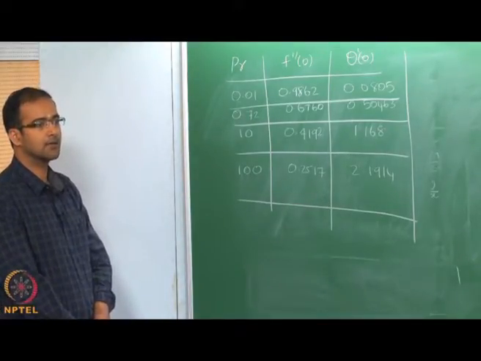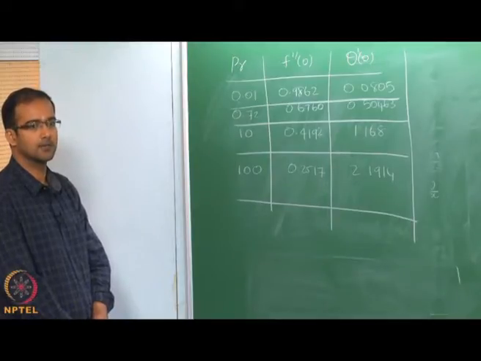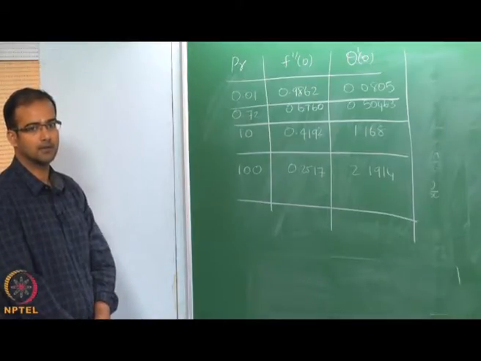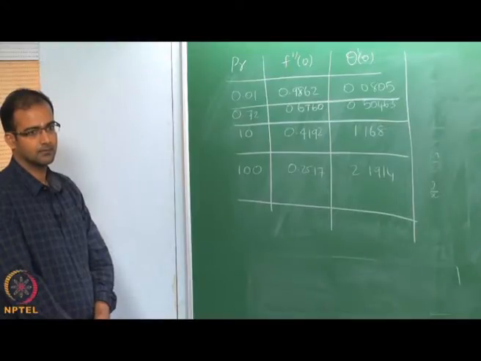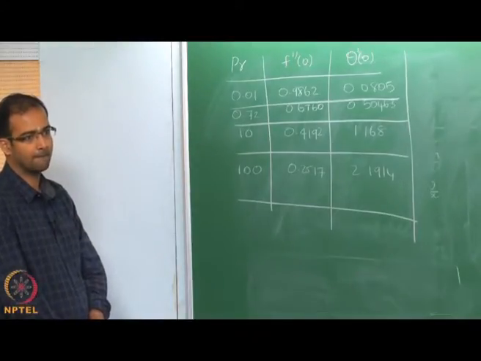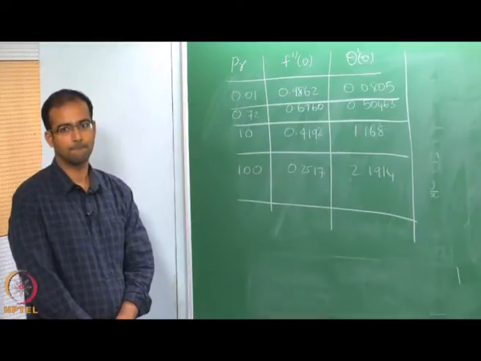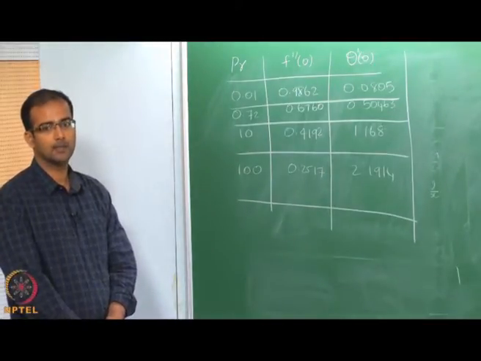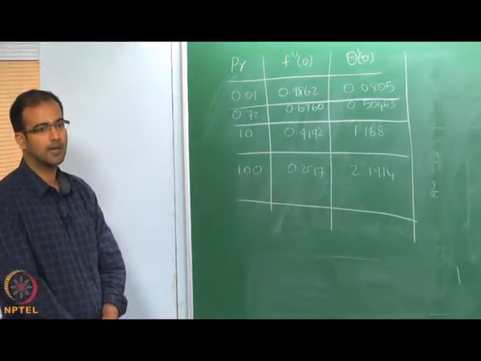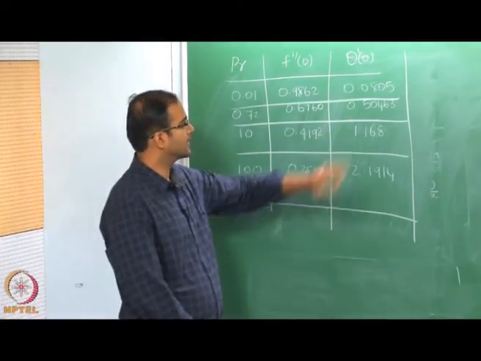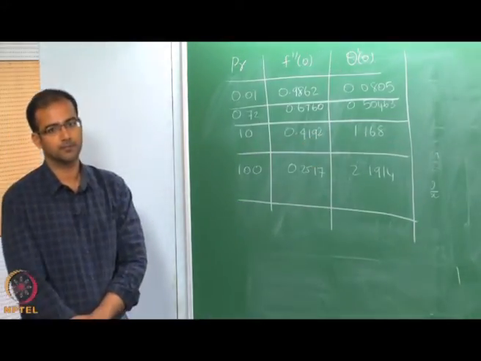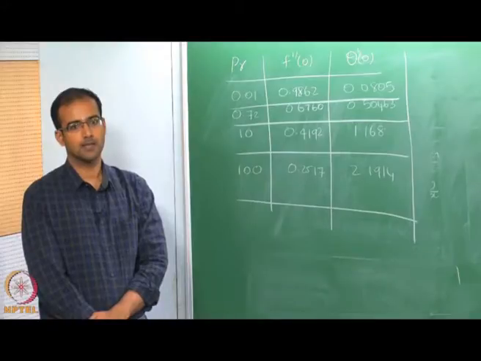What was the corresponding value for the external forced convection flat plate? 0.332, okay. And what was the corresponding value of d theta by d eta for Prandtl number equal to 1?